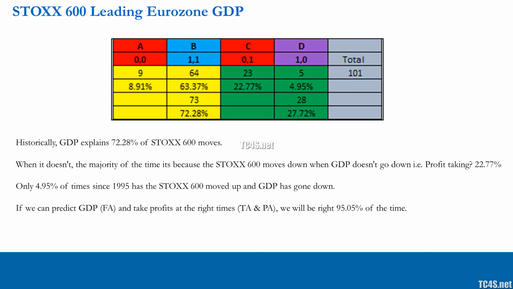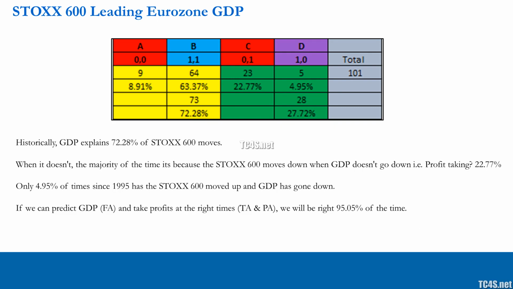If we can predict GDP based on fundamental macroeconomic analysis, so FA, fundamental analysis, and take profits at the right time, so utilizing technical analysis and price action indicators, we're going to be right 95.05% of the time. So again, Stoxx 600 leading Eurozone GDP with a 6-month time lag, the results are extremely similar to the S&P 500 leading US GDP.